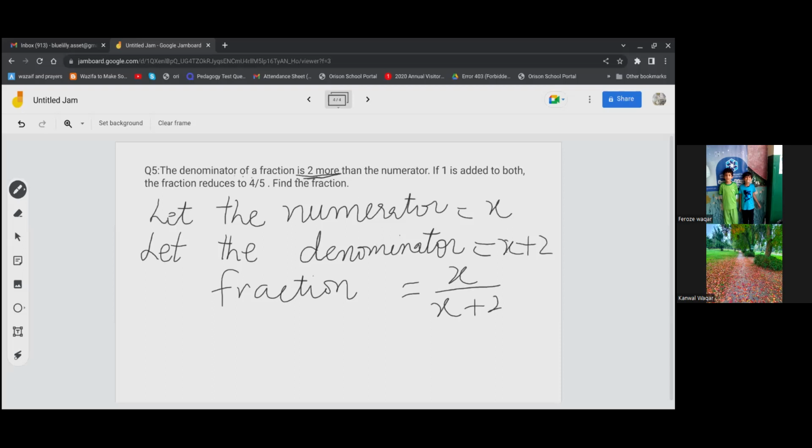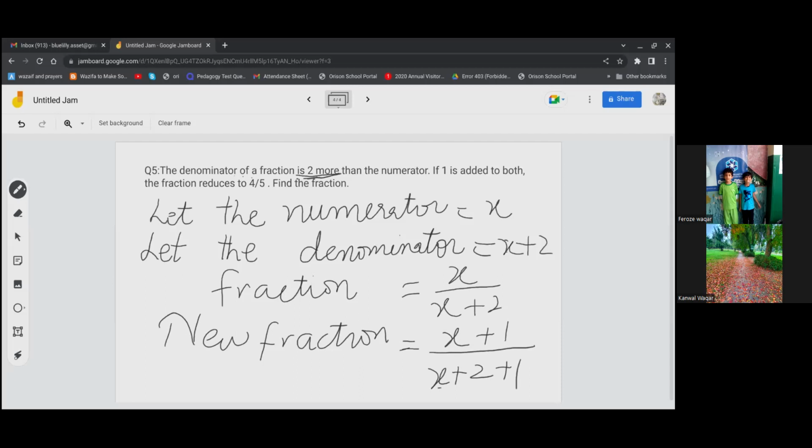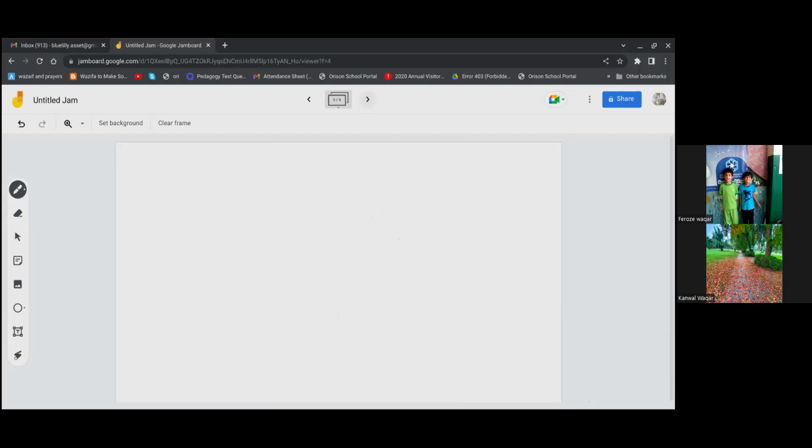Next is the new fraction. If 1 is added, a new fraction will be formed. Add 1 in the numerator as well as add 1 in the denominator, then x plus 1 over x plus 2 plus 1, which is x plus 3.